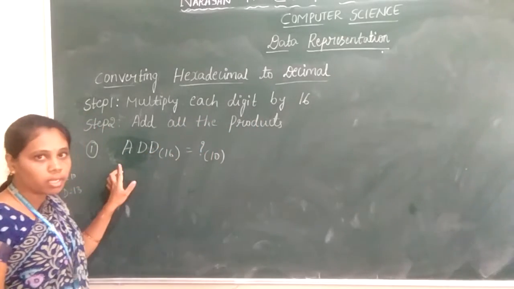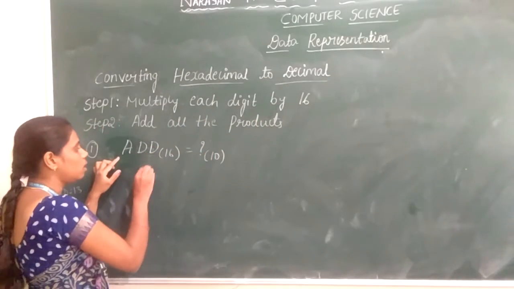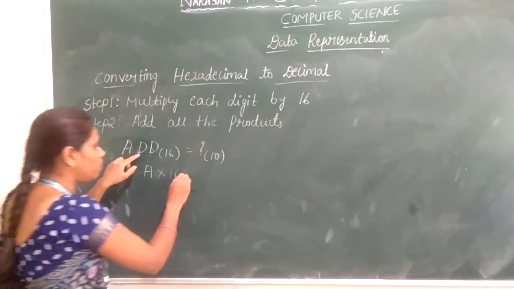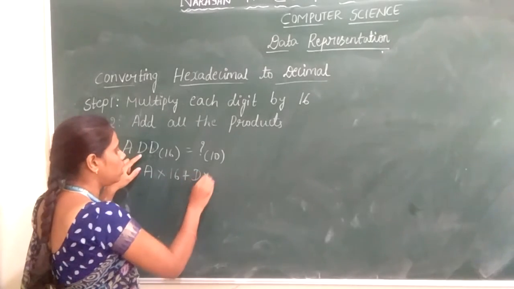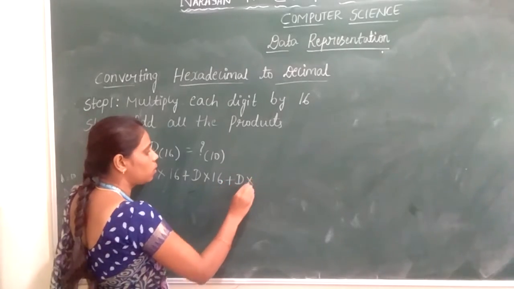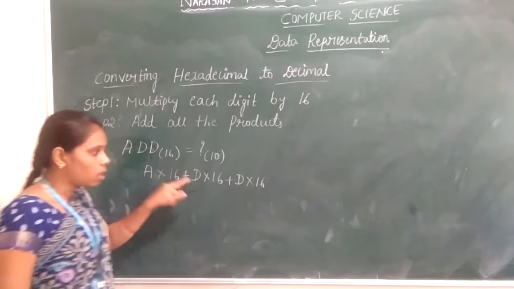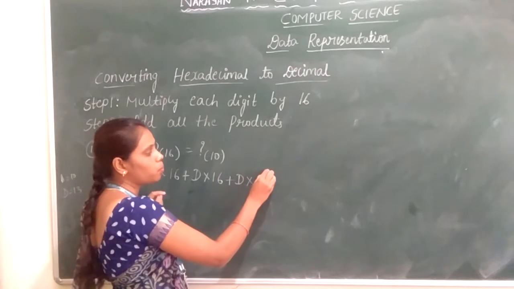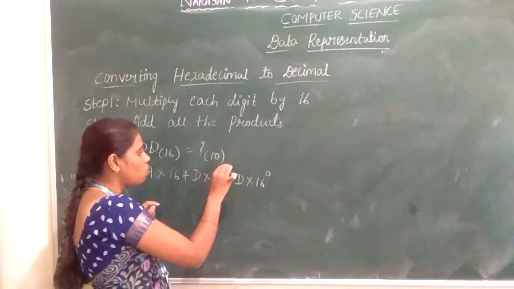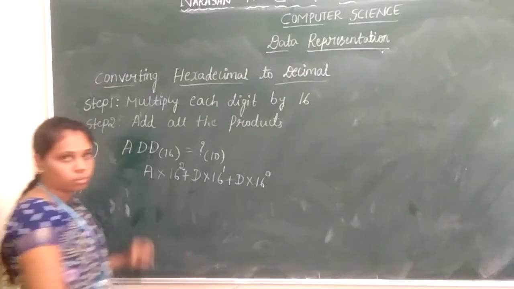Take A into 16 plus B into 16 plus D into 16. Now write the weights or positional values for 16, that start from 0, 1, 2.